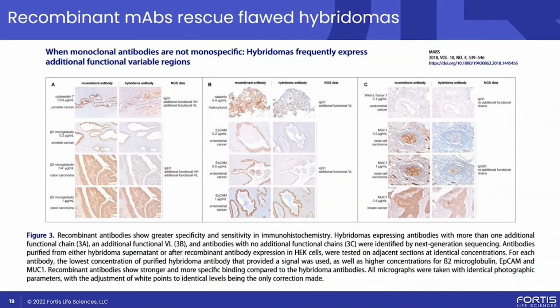And so what they saw was that the recombinant antibodies performed more cleanly and gave stronger, more specific signal than their hybridoma-derived counterparts, which is exactly what you'd expect in a situation where you have additional chains being produced by those hybridomas.